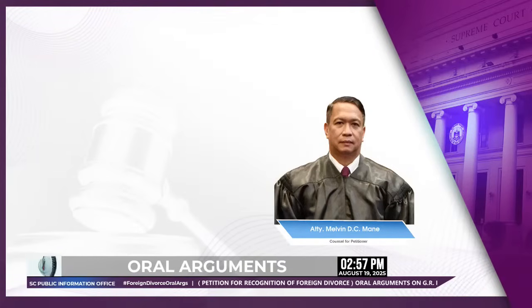This legal change should be respected and not negated simply because the petitioner subsequently reacquired Philippine citizenship under RA 9225. Hence, the foreign divorce he obtained should remain valid and should be recognized with due respect by the Philippine court. The full restoration of a returning Filipino's civil and political rights necessarily entails recognition of legal acts that were valid at the time they were undertaken.